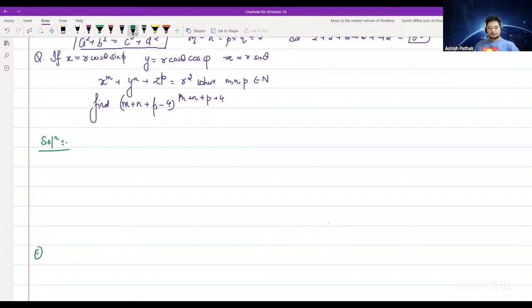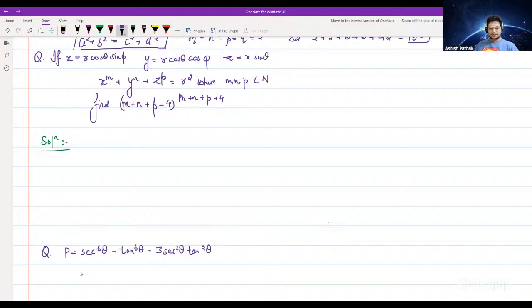Question is, P equals sec to the power 6 theta minus tan to the power 6 theta minus 3 sec square theta tan square theta.